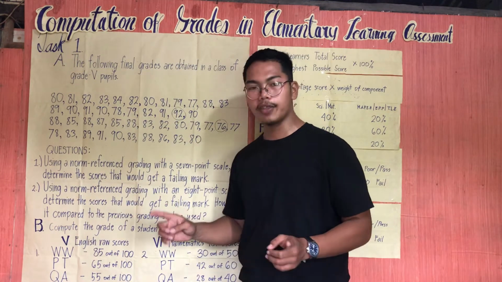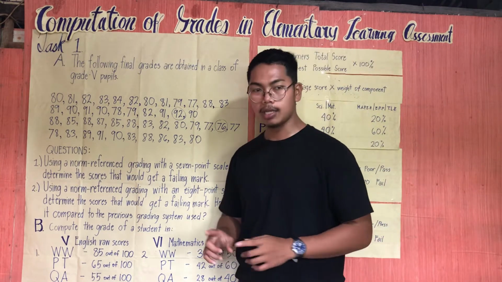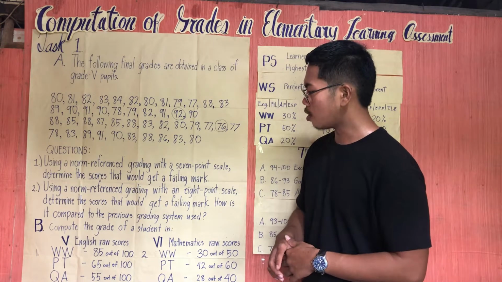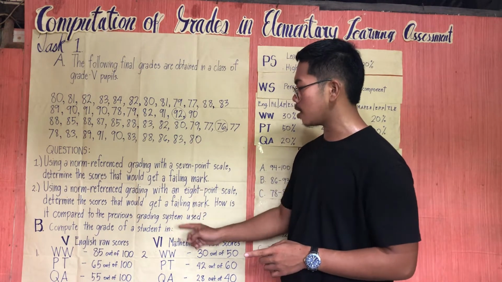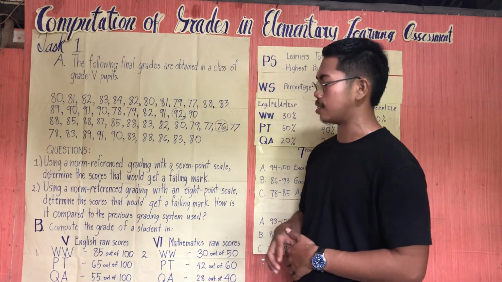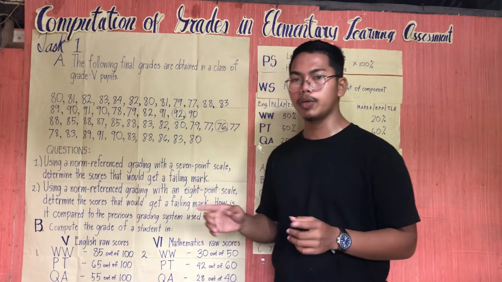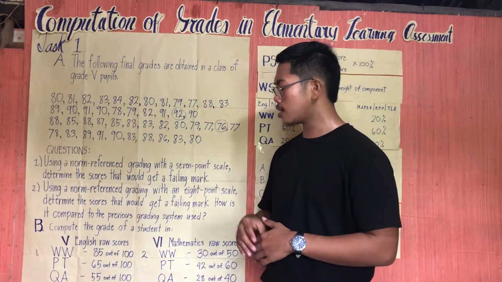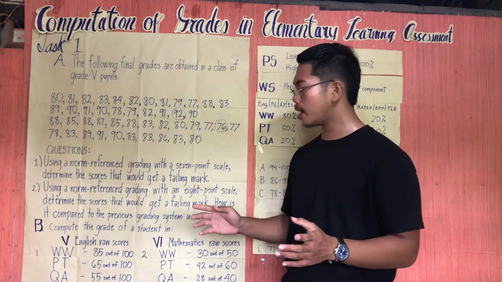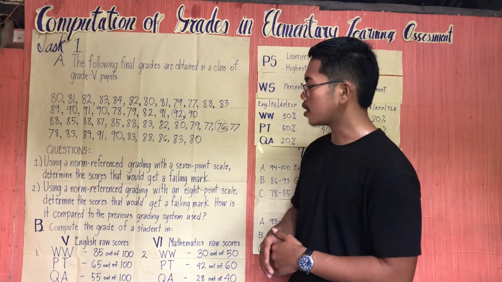Since we have finished Task 1, Section A, we will now proceed with the computation of the grade of students in grade 5 English and grade 6 mathematics. Before we proceed with solving the problems, we will first read the questions.